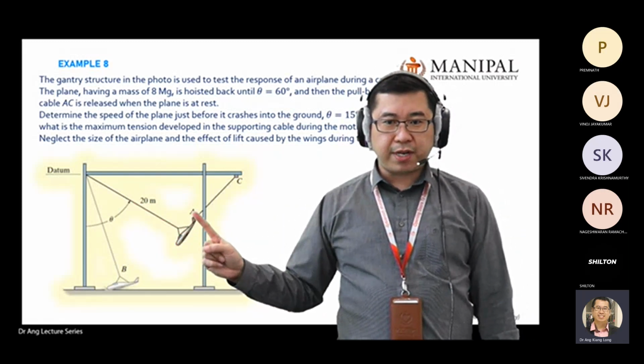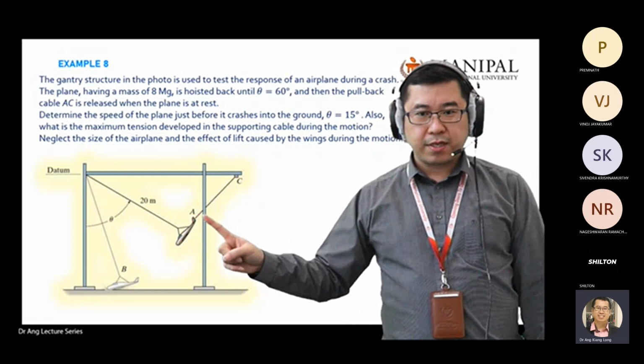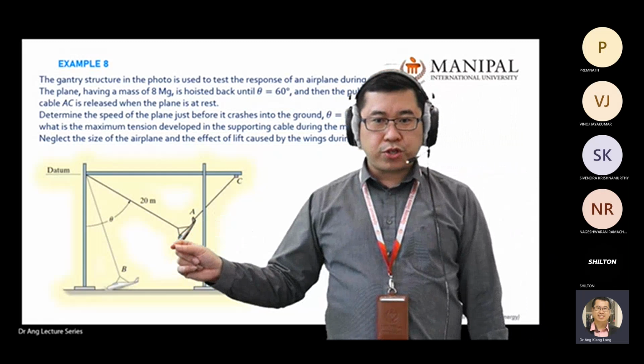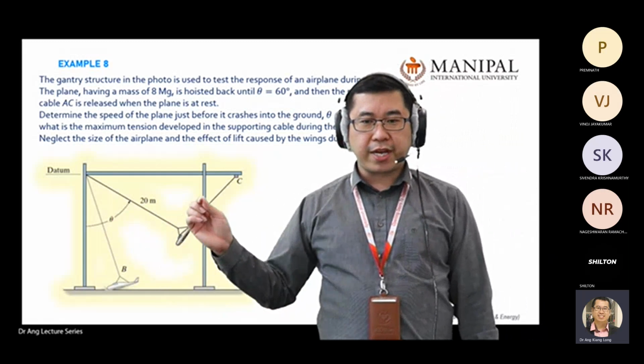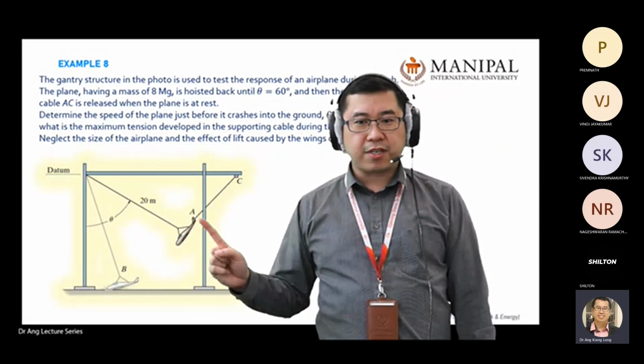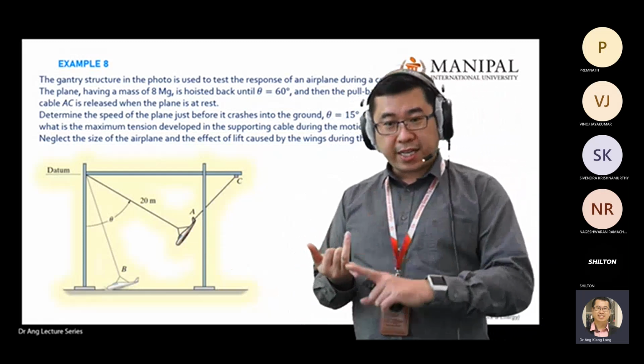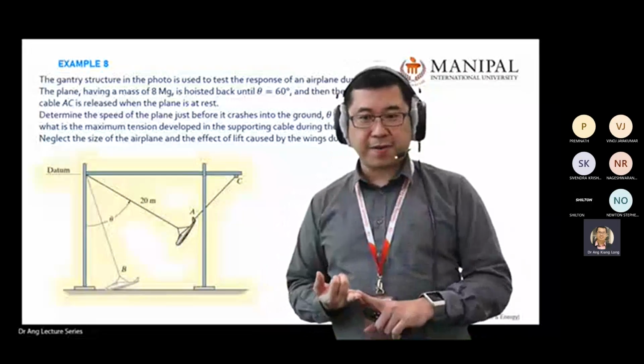Okay, and then you have a release rope here. A to C is a release rope where you charge the energy of this object. Energy here refers to kinetic energy and potential energy.